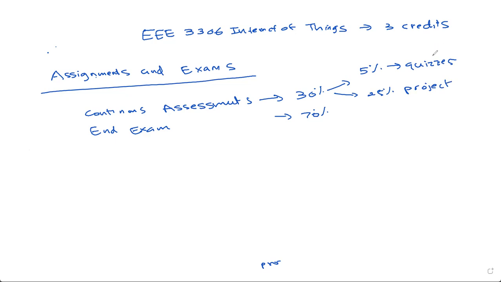The quizzes could be unannounced, so the students who come to the lectures will be able to face them. Other students might not be able to, but I'm going to give them unannounced. Only the students who face it at that time will get the marks, which are added to the final grade.